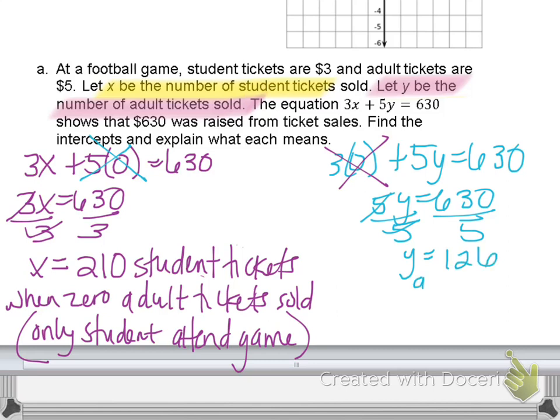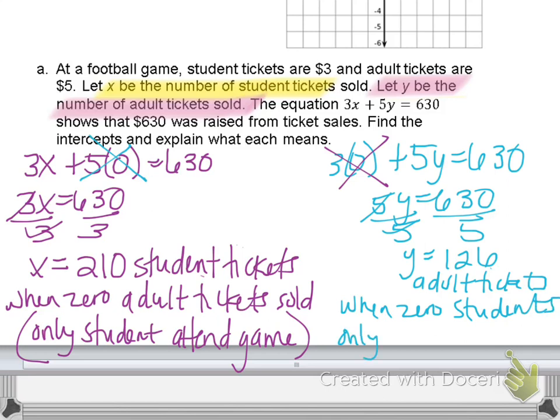So that's 126 adult tickets with 0 student tickets. So that means only adults attend the game in this scenario.